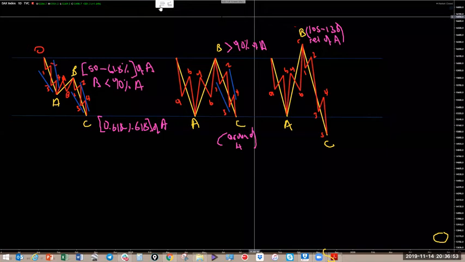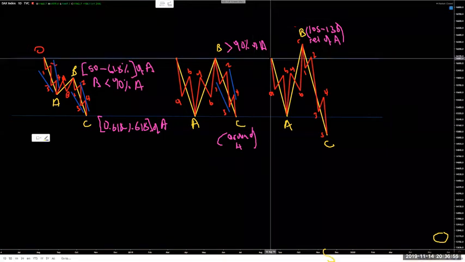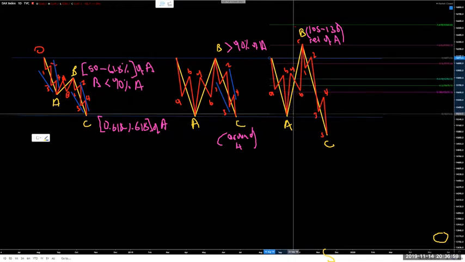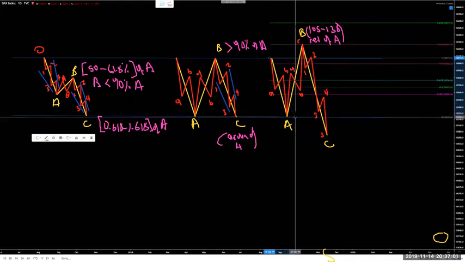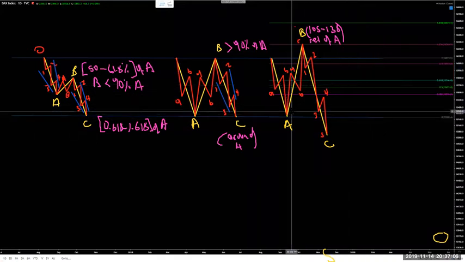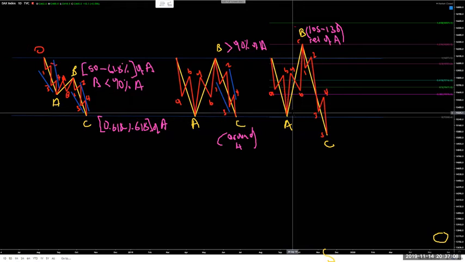What does this mean? It means if you take a Fibonacci retracement tool, you take it from the start of A to the end of A, your B, let's switch it on. We want that 105 and 138.